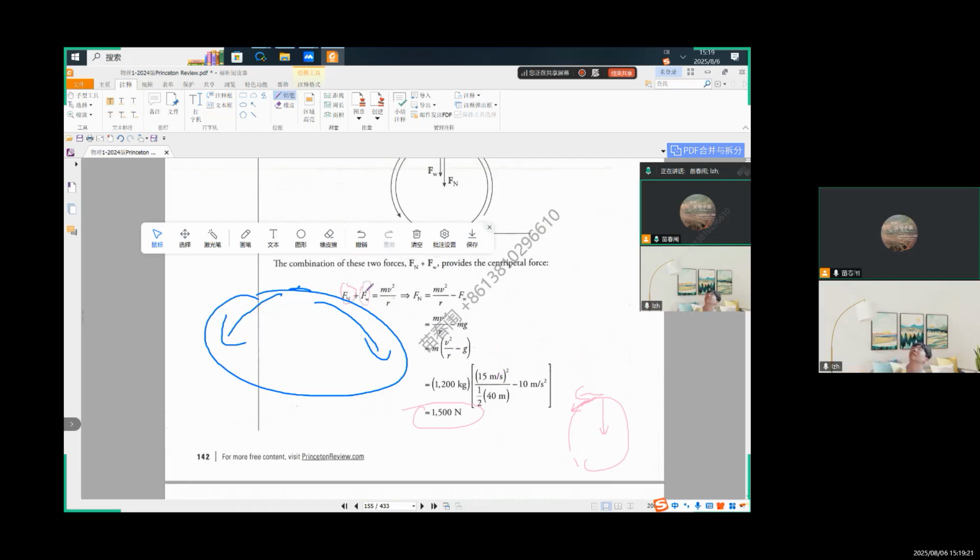For example, if you find your gravity here, your normal force has to be in this direction, otherwise it won't make a circular motion. If you don't subtract something, the gravity is still not enough. So you need the normal force to help provide more centripetal force.